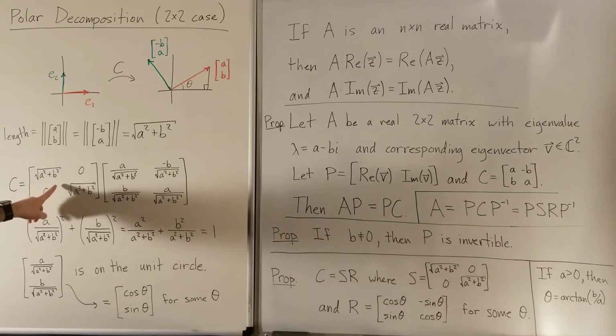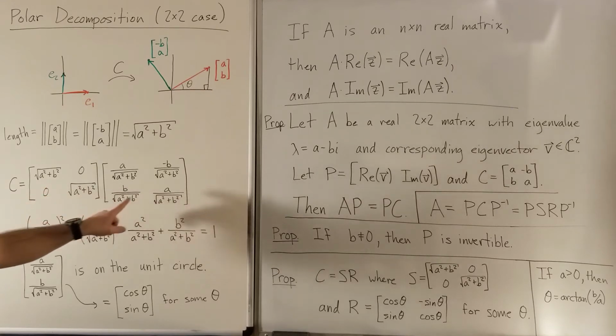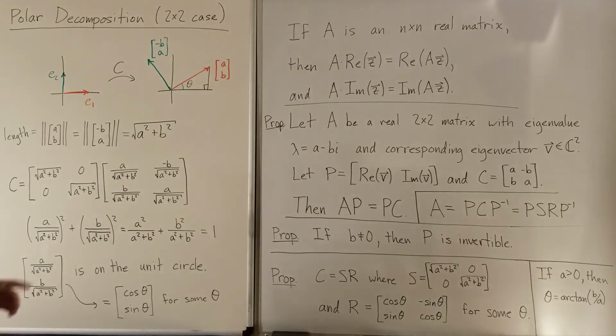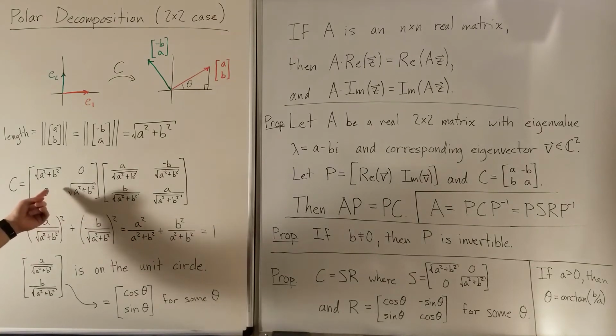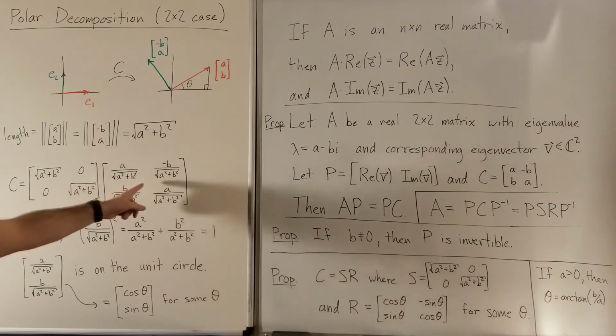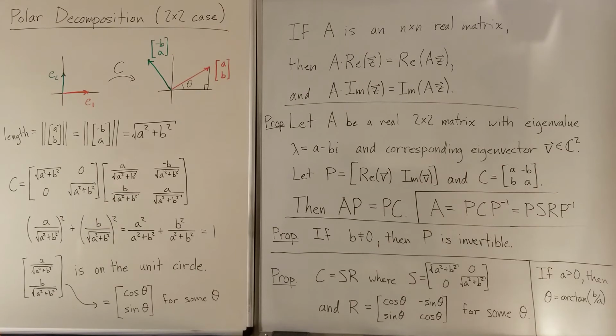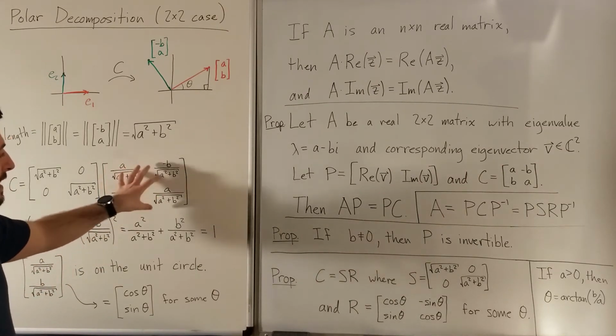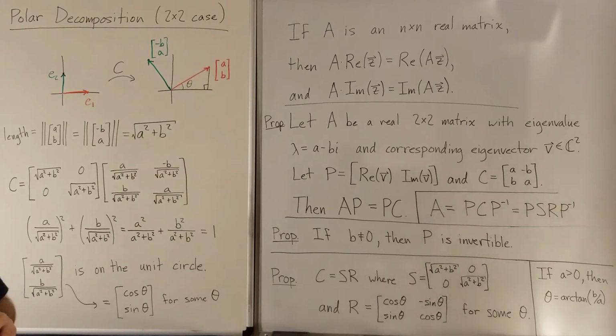And therefore we can write C as this scalar, and here I've just factored out that amount. This is literally the same thing as factoring a number out of the matrix that we had for C. And why is this nice? Well, I want to say that this is a rotation matrix, which is why we're doing this.